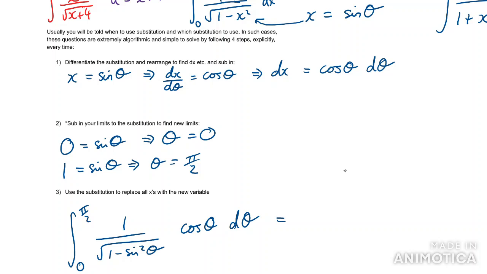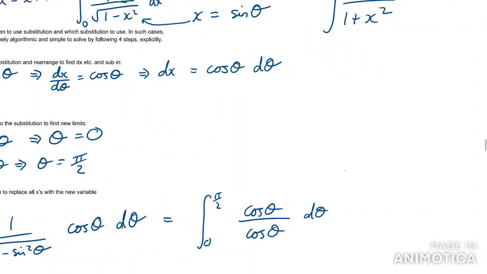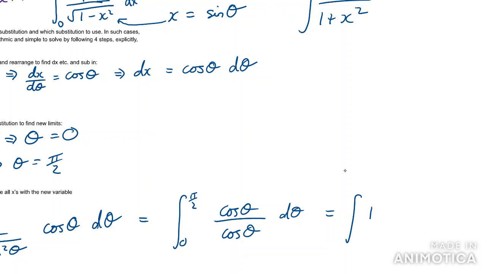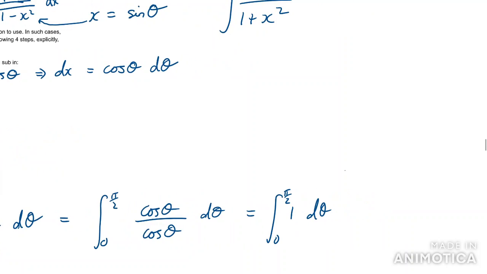And now, if you've done everything right, it should just tidy up a lot, which is now going to be cos theta over cos theta d theta, which is literally just the integral of 1 between 0 and pi by 2 d theta, which is going to be theta evaluated between pi by 2 and 0, which gives us an answer of pi by 2.